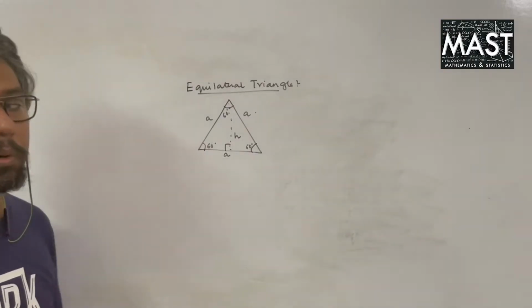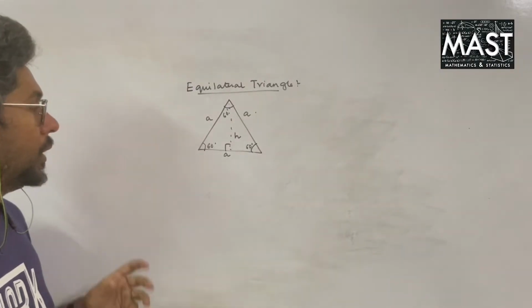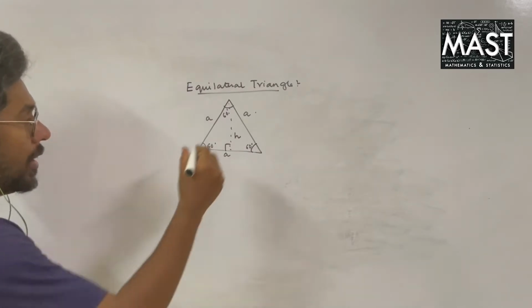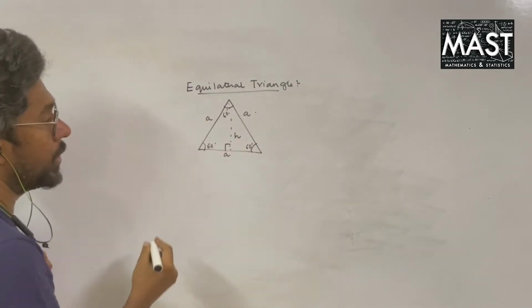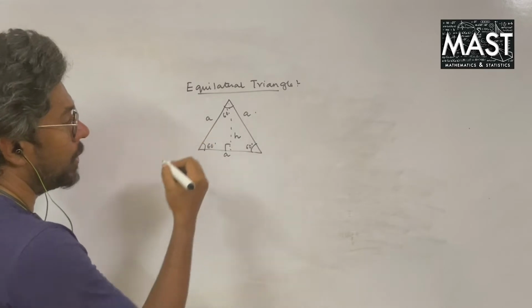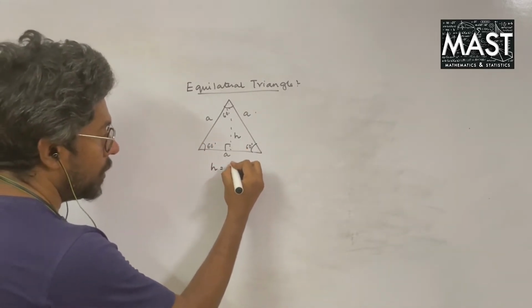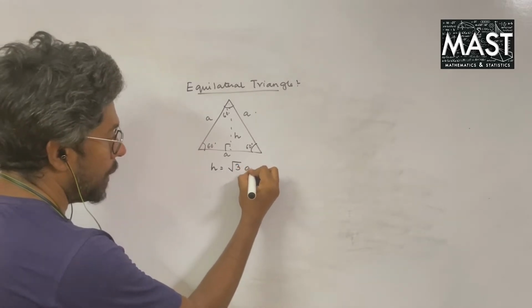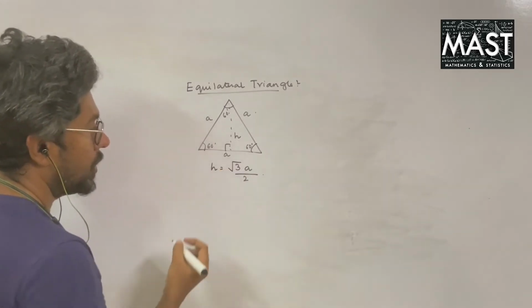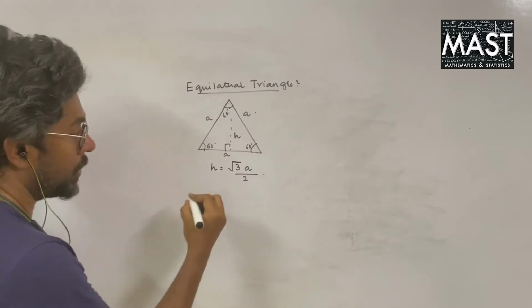Now we'll be talking about the equilateral triangle, which is a triangle having equal sides, denoted here as a, and each angle being equal to 60 degrees. First we find the height, which is root 3 a by 2. This is found by using the Pythagoras theorem.